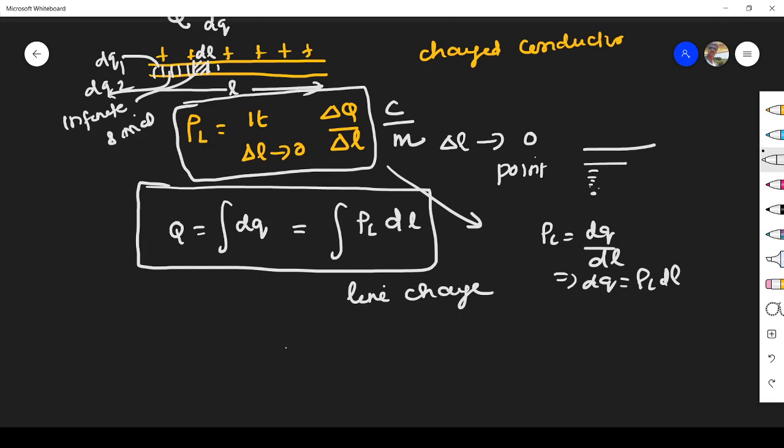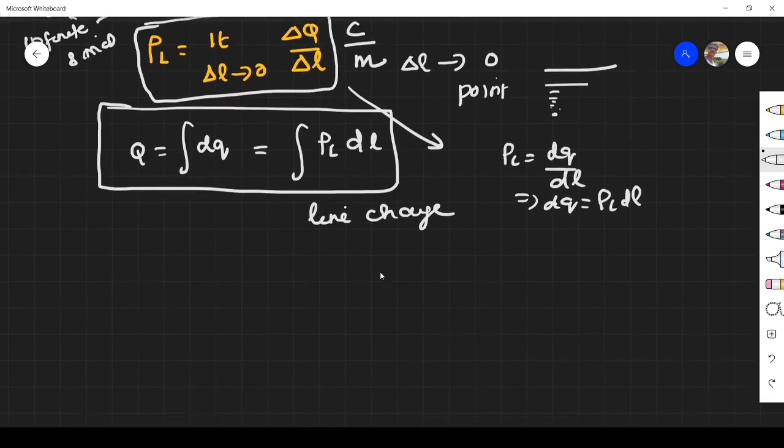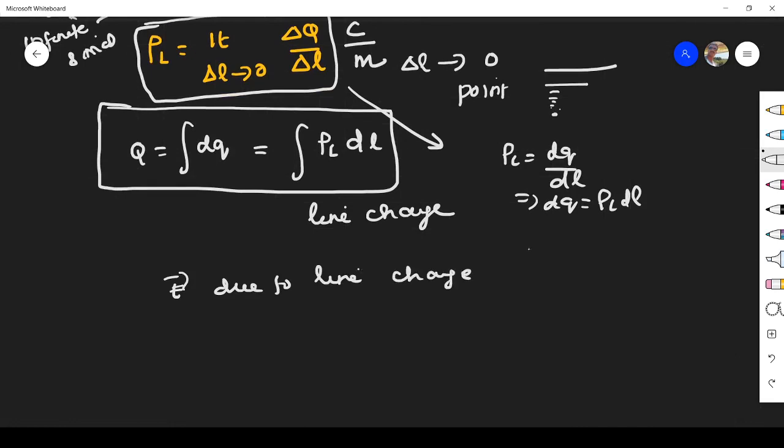Fine. So now we have to find what is the electric field due to line charge density. So E due to line charge, right? That is given by E vector. E vector is equal to, we know, Q by 4 pi epsilon naught R squared into R cap. But for line charge, Q is given by rho L dl.